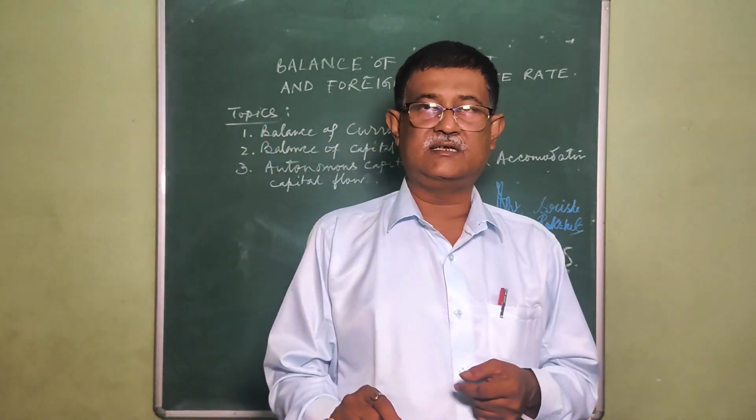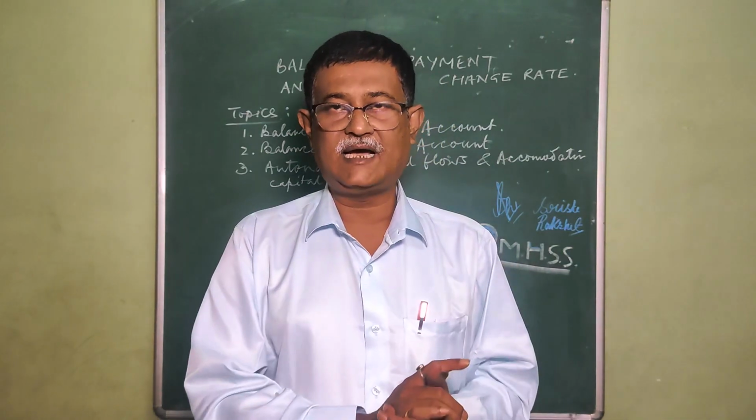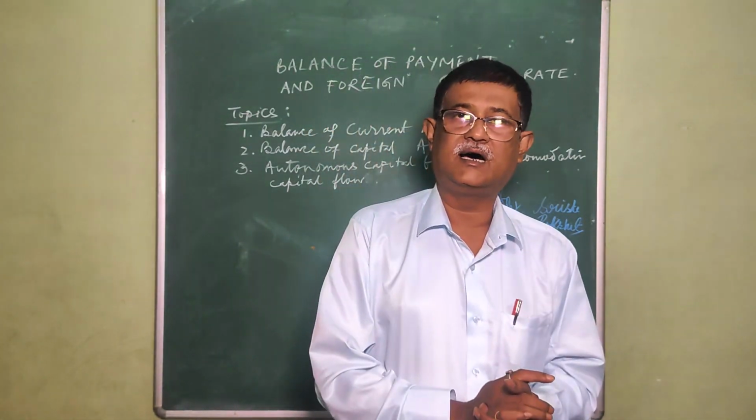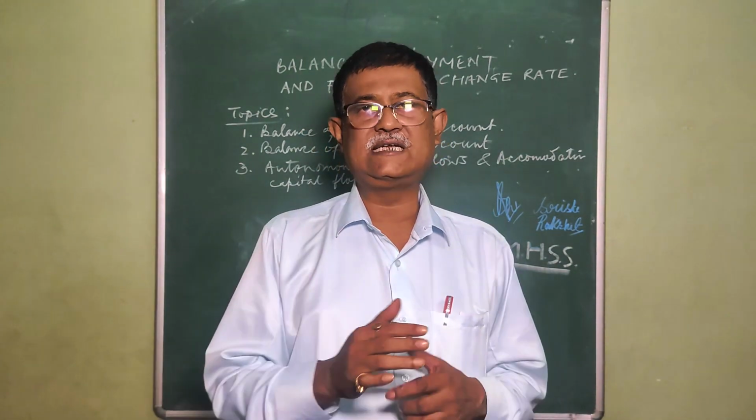So the measures that are taken to correct adverse balance of payment position are: number one, depreciation. Now what is actually depreciation?